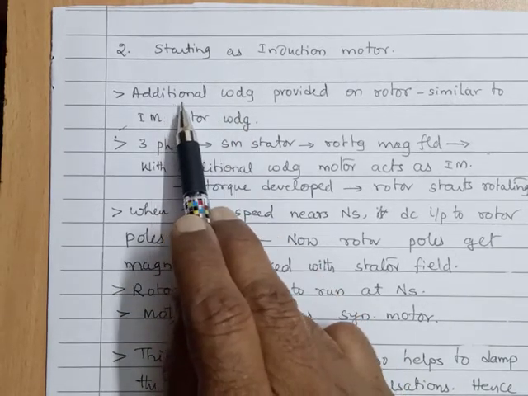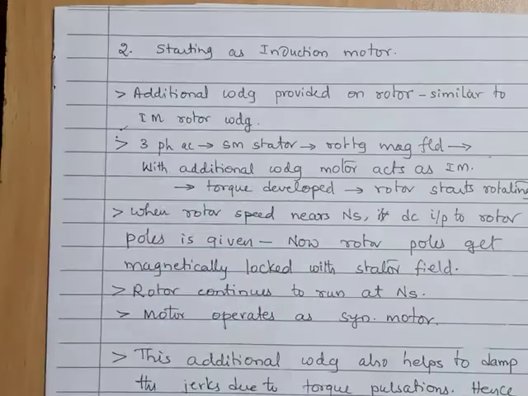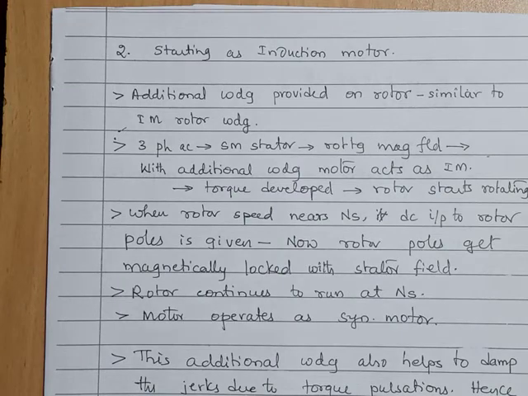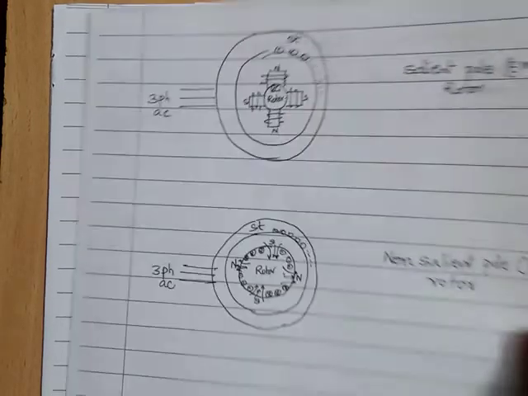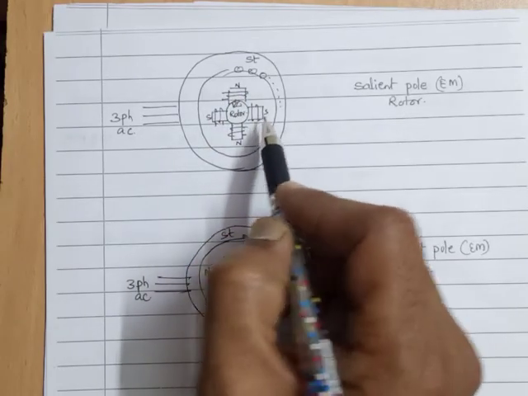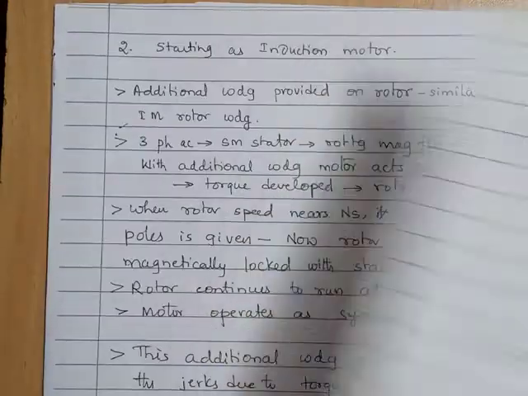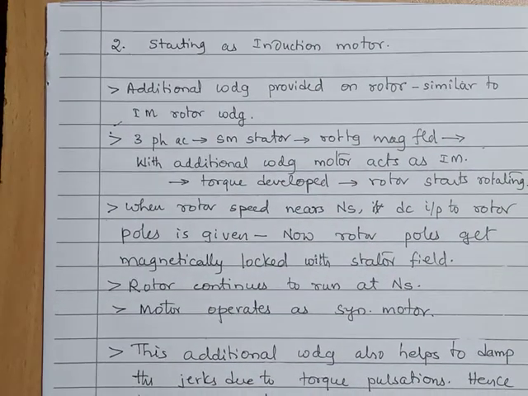That type of winding is provided on the rotor. On this face, we will have the windings similar to the induction motor winding.